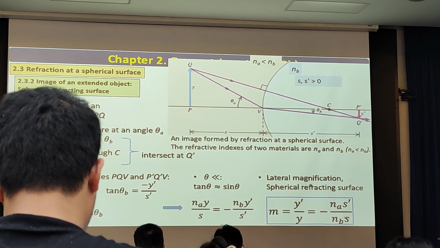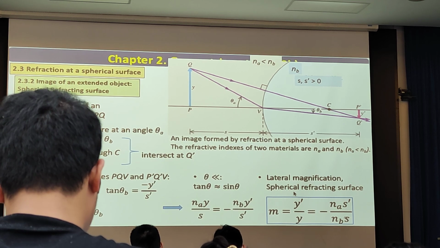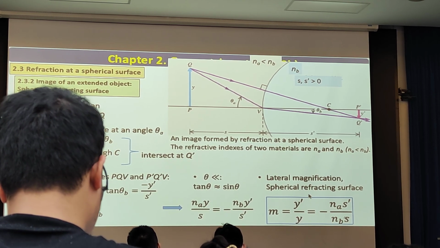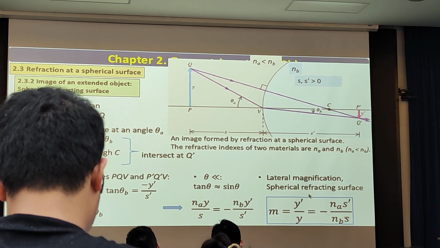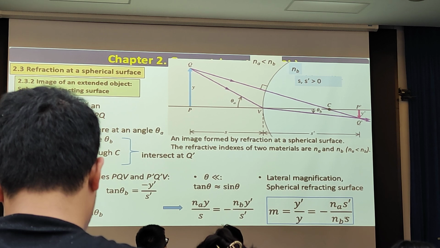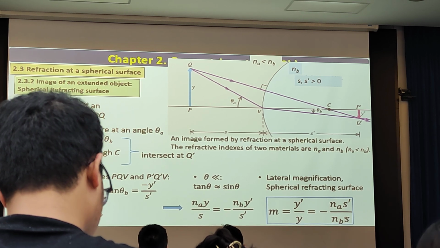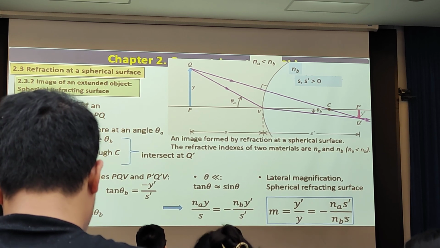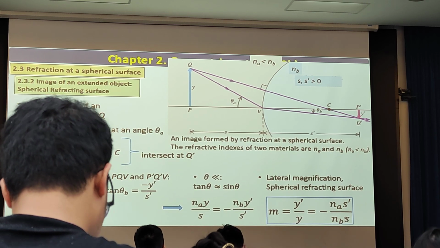Okay? So here the lateral magnification formed by the spherical refracting surface. So last time you had also lateral magnification, but for the spherical reflecting surface. So the difference between reflection and refraction is that reflection has one medium, refraction has two different media.